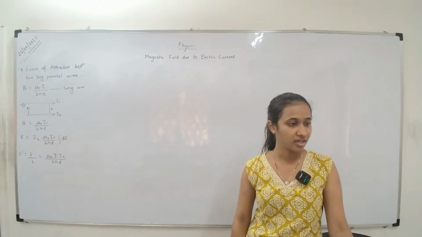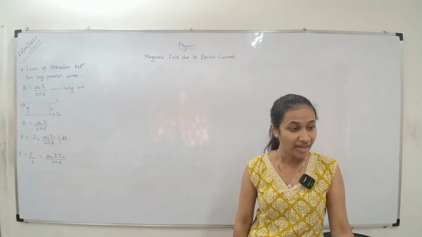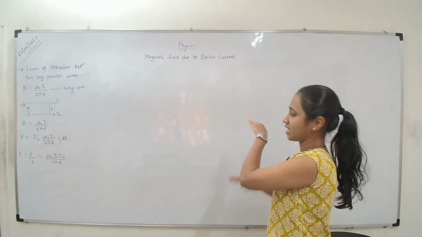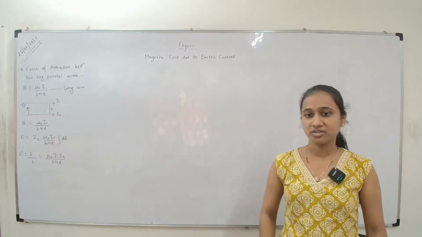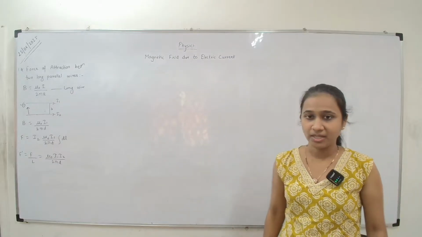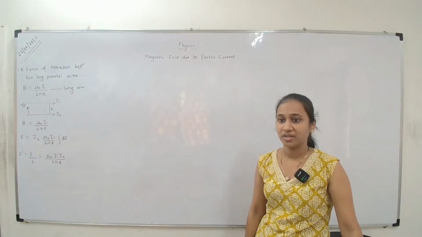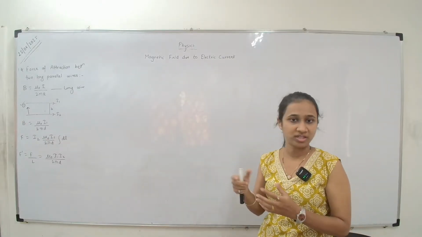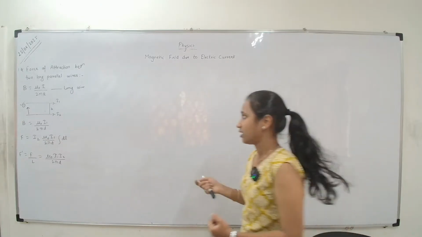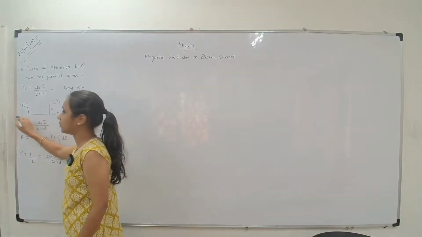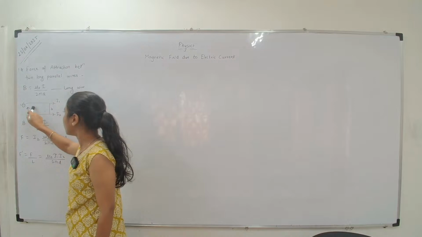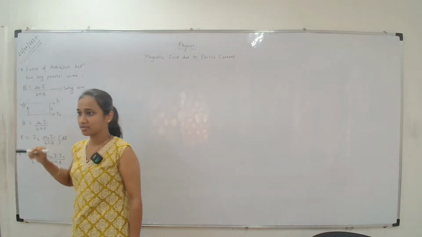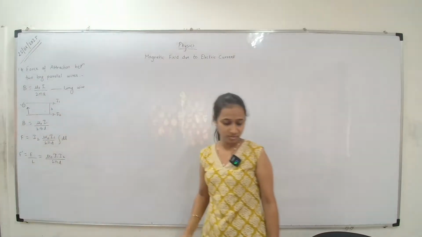Now if currents I1 and I2 are anti-parallel, I1 is like this and I2 like this. Even though they are parallel, the angle between them is 180. So if it is anti-parallel, the force will be repulsive. Here the force is attractive. Both conductors are attracting each other. If anti-parallel, I2 will be in this direction. Okay? The first force stays the same, towards, the second force is away. So it will be a repulsive force.